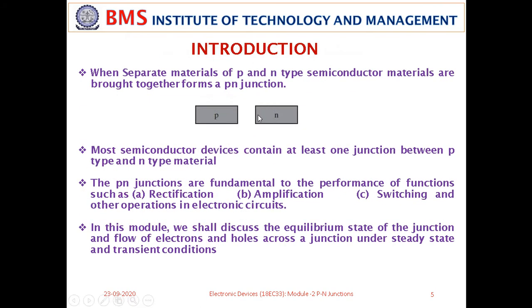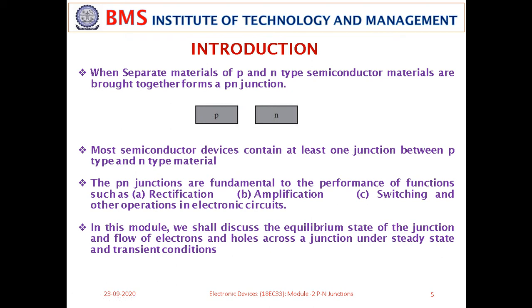Also, they are immobile charge carriers. Because electrons left their positions, the donor ions are positively charged. Since holes left their positions, the acceptor ions are negatively charged. So, positive ions on the n side and negative ions on the p side form an electric field pointing from the n side to the p side.